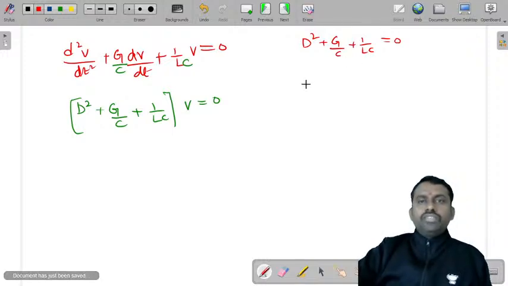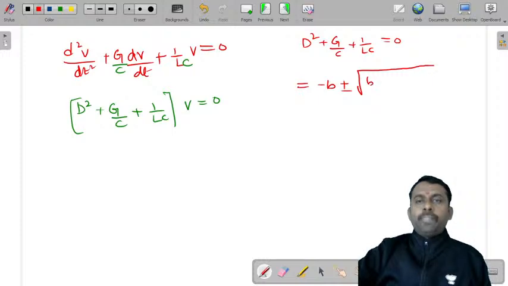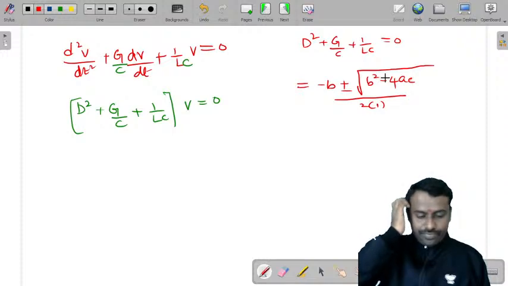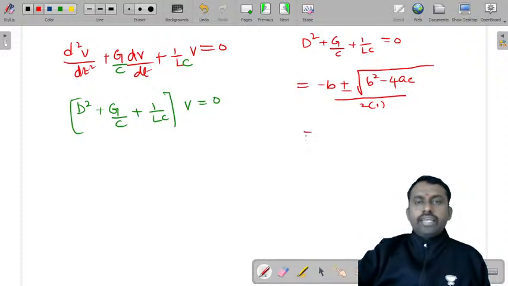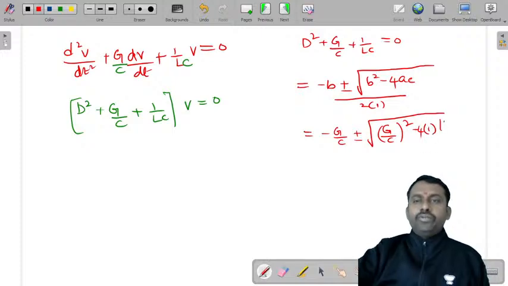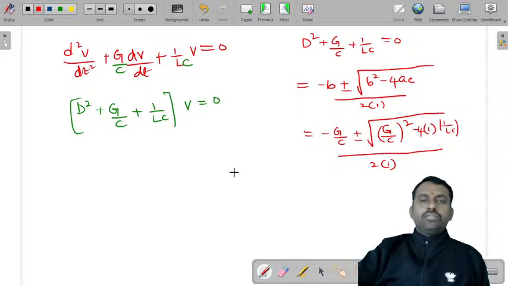So what are the roots of this? Minus B plus or minus under root of B square minus 4AC by 2 into A. The value of A is 1. So you can write this as minus B, what is minus B? Minus G by C plus or minus under root of G by C whole square minus 4 into 1 by LC by 2 into 1.